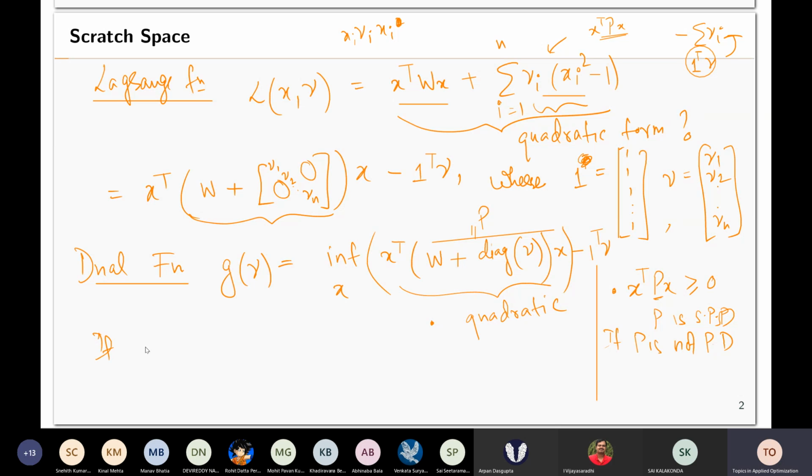Okay, so if W plus diag of nu is positive definite, this is the definition of positive definite, then this implies g(nu) will be, this will be 0, then this will be minus 1 transpose nu.